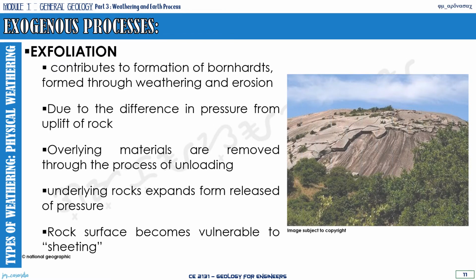So ang nangyayari dyan, this is an example of a landform experiencing exfoliation. So nakikita nyo yung mga ito. So para siyang mag-slide pababa. So ito yung sheeting na nangyayari. So because there's pressure underground, so natutulak niya yung nasa taas.